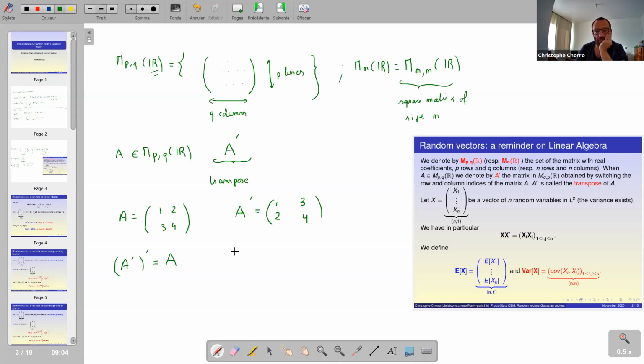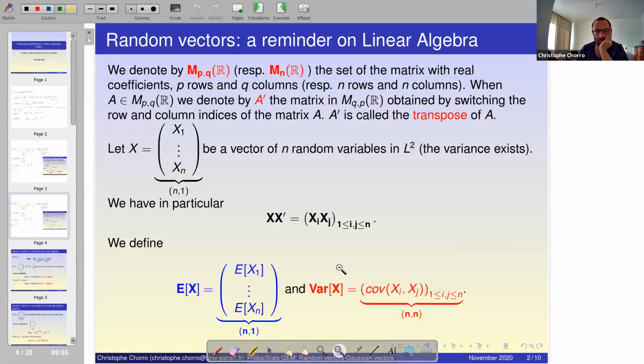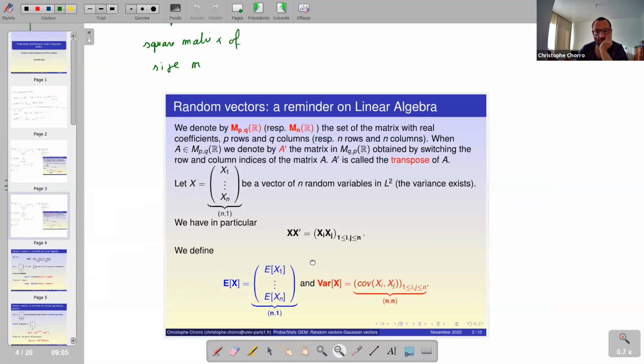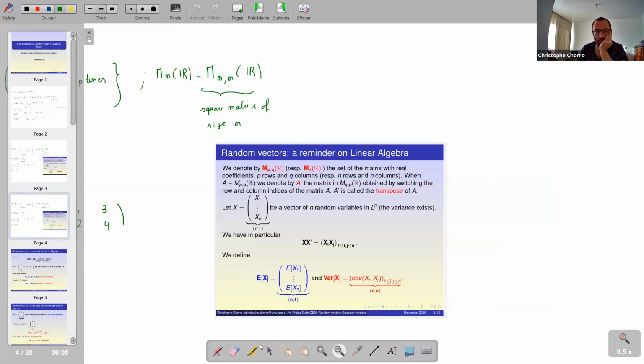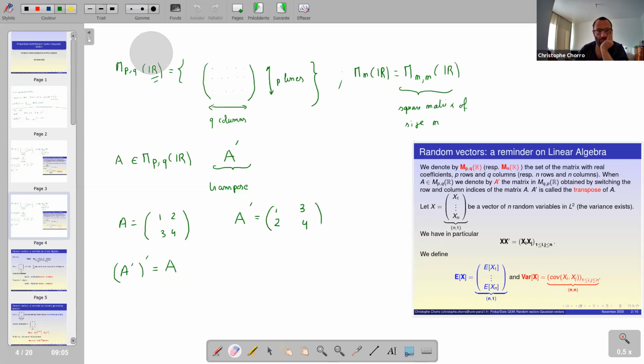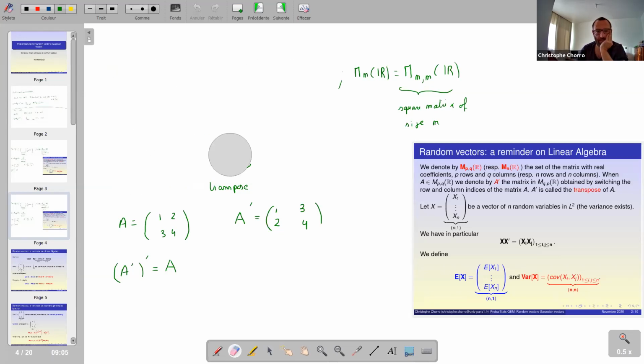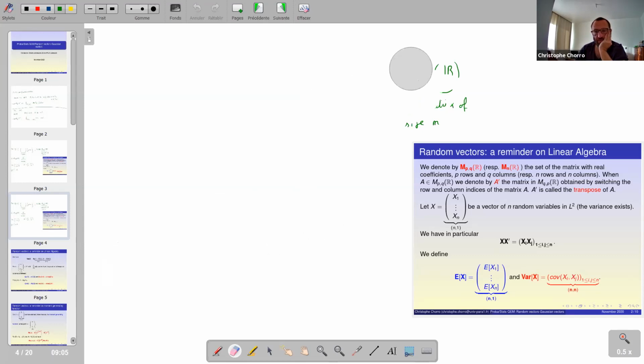We are going to work with random vectors. If I have a vector of random variables with values in R, I have two ways to write it: the line convention or the column convention.